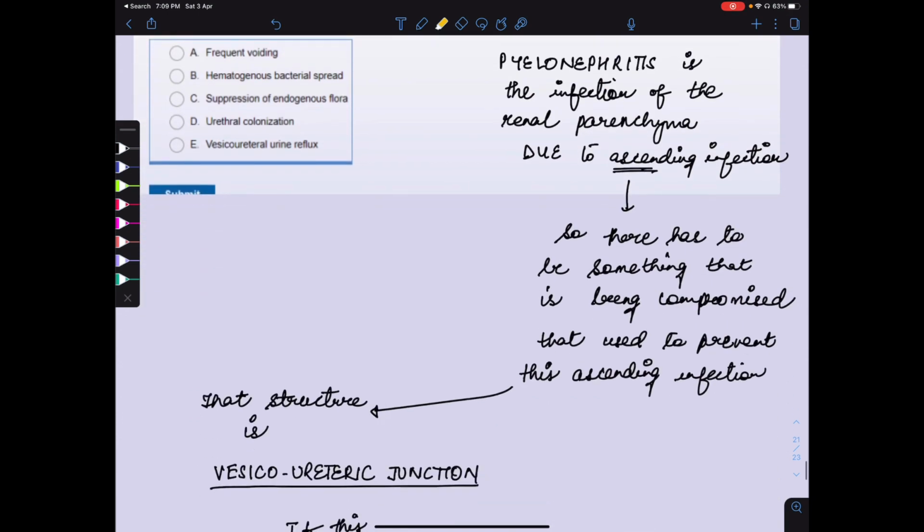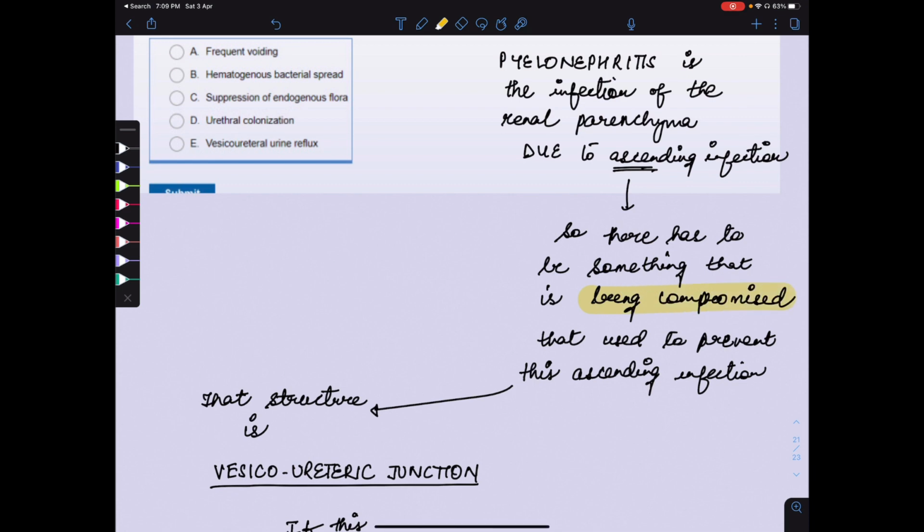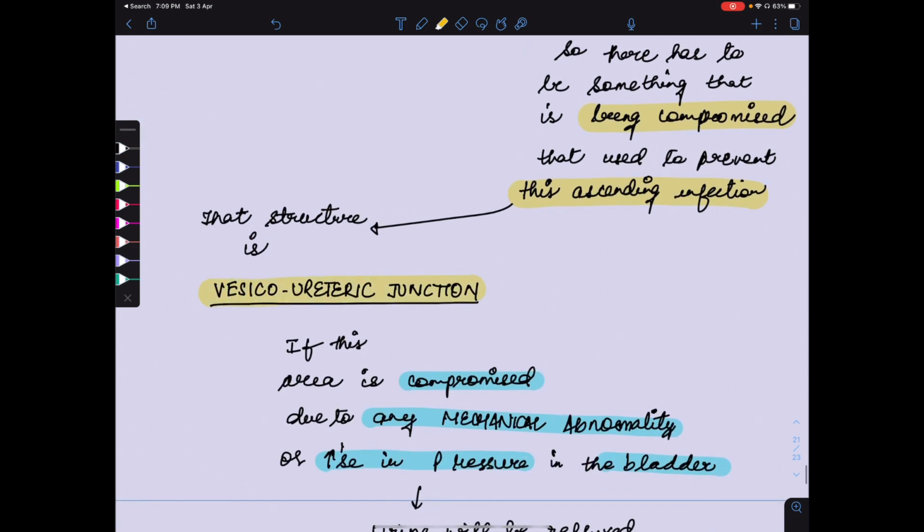I have already told you pyelonephritis is the infection of the renal parenchyma due to the ascending infection. So there has to be something that is being compromised, that was previously used to prevent this ascending infection. And that structure is the vesico-ureteric junction. The vesico-ureteric junction gets compromised in case of vesico-ureteric reflux, and urine ascends upward, leading to the infection. All right.